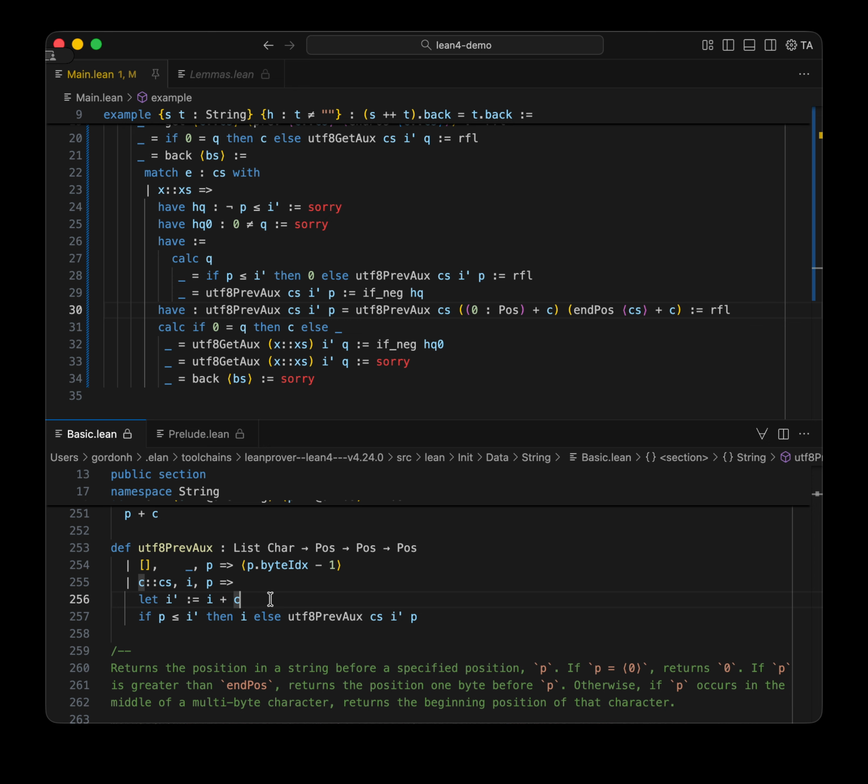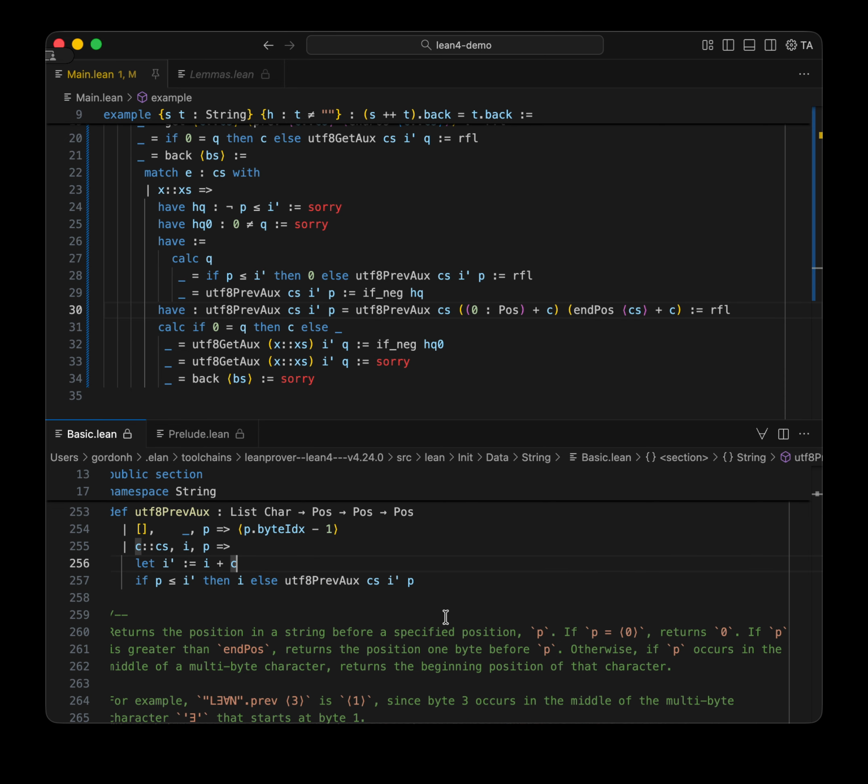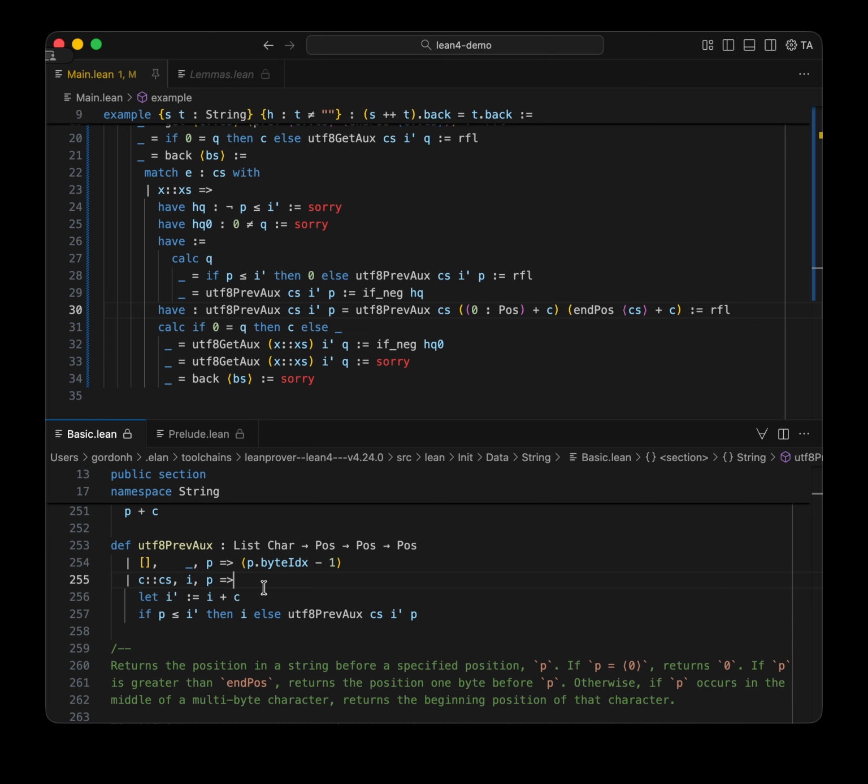What it does is accumulate all the characters from the beginning of the character list until it is no greater than P. So it's just accumulating the byte length of characters, until you are no less than P, and then that very previous position I should be the position. Okay, I see.